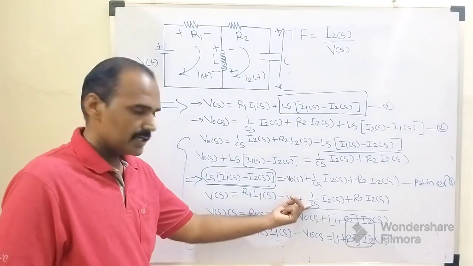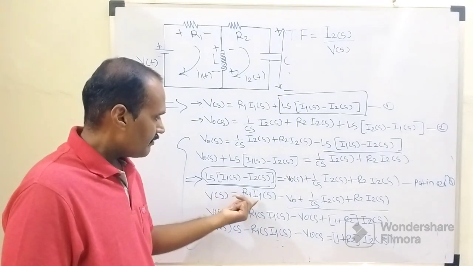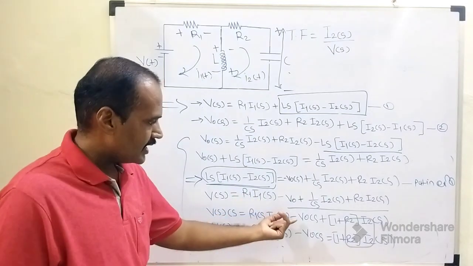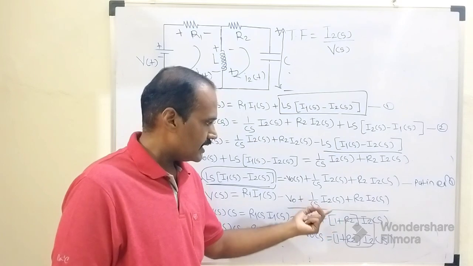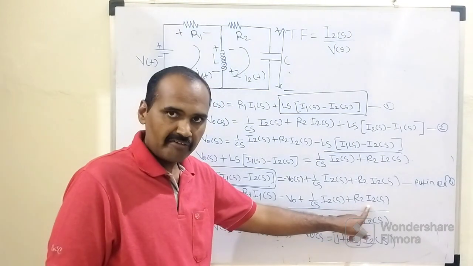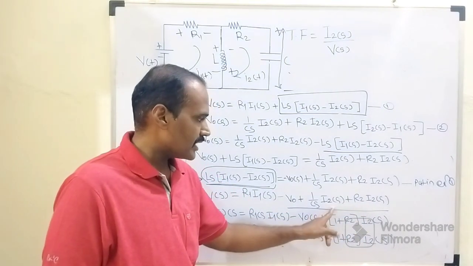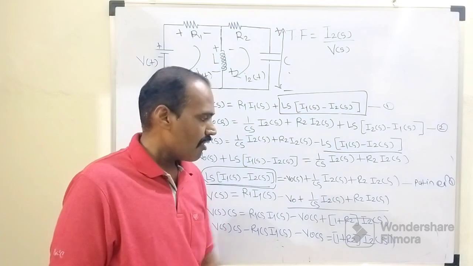V of S is multiplied with Cs, so it will become V of S into Cs equals R1 I1 of S into Cs minus V0 times Cs plus 1. Then after that, these two terms share a similar coefficient, that is I2, so that can be considered as a common term. The remaining terms are 1 plus R2.